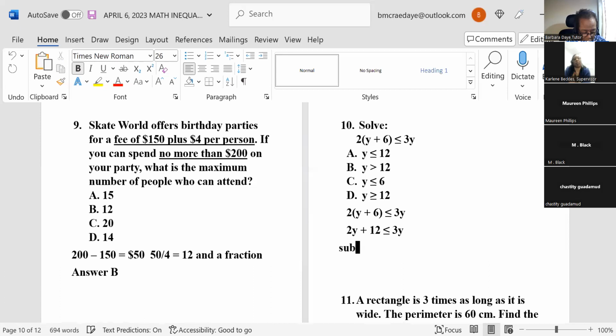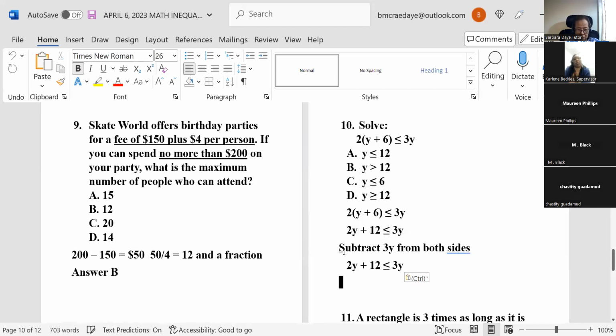Very good. So that's minus 3y on the left and minus 3y on the right.